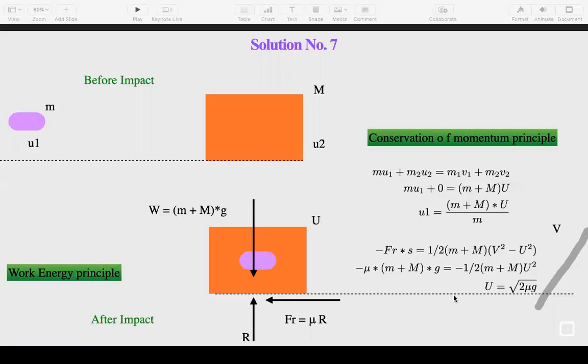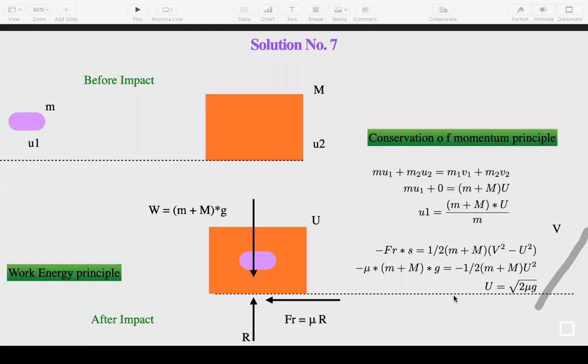Now if you put the value of R here, you are going to get one equation. Mu into small m plus capital M into g into S equals minus 1/2 small m plus capital M into capital U square.